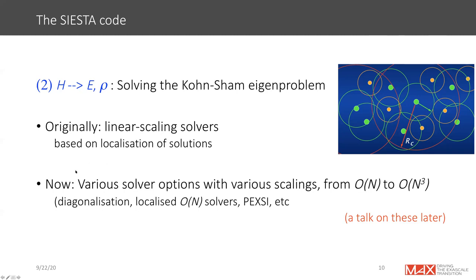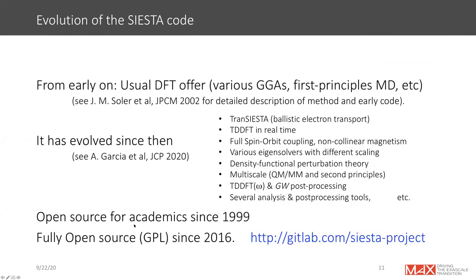Since then, it has evolved, and now we have many different solver options, from linear scaling to cube scaling, involving conventional diagonalization of different flavors, and so on and so forth. But there will be a talk dedicated to that, so let me not expand much more on that. So once we had that kernel of the code at the very beginning, from very early on, Siesta was offering typical things from a DFT code.